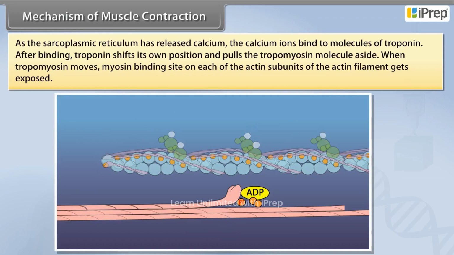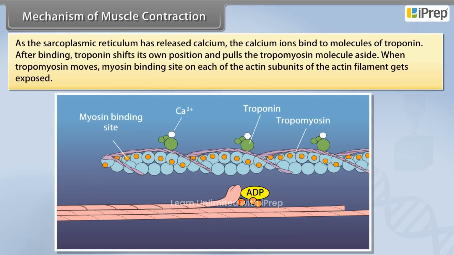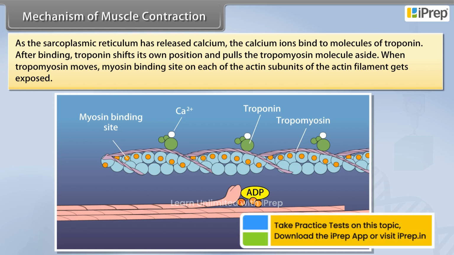As the sarcoplasmic reticulum releases calcium, the calcium ions bind to the molecules of troponin. After binding, troponin shifts its position and pulls the tropomyosin molecule aside. When tropomyosin moves, the myosin binding site on each of the actin subunits of the actin filament gets exposed.